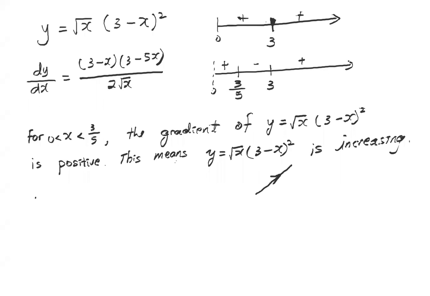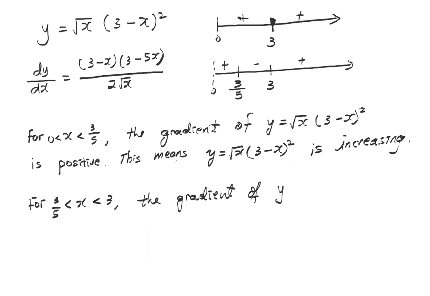Then I can say for x between 3/5 and 3, the gradient of y equal to square root of x times (3 minus x squared) is negative, meaning less than 0.